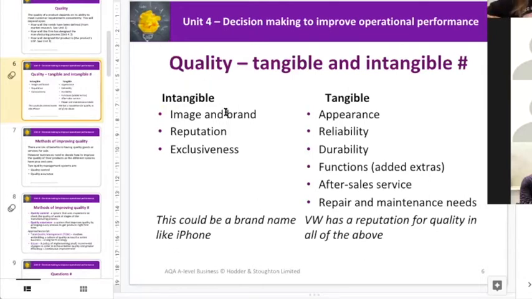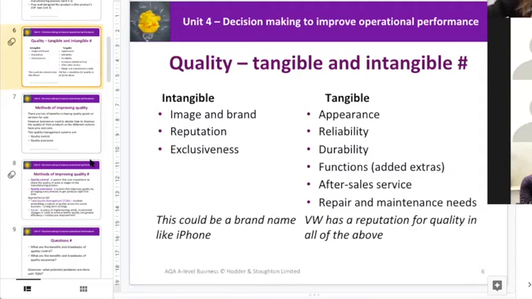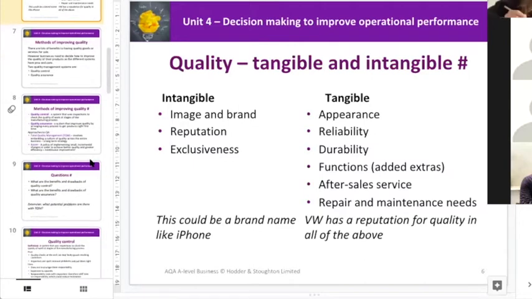So I know quality is very personal opinion, but you can think about what are the tangible quality attributes, what are the intangible quality attributes for a product.